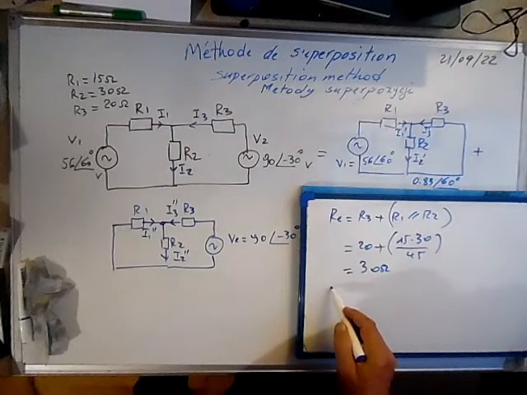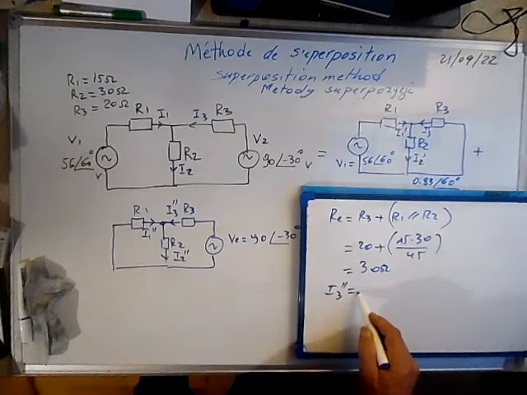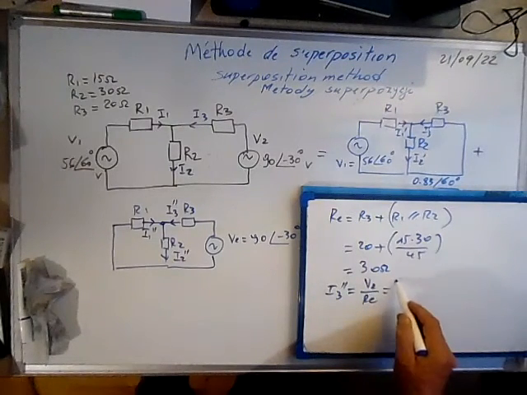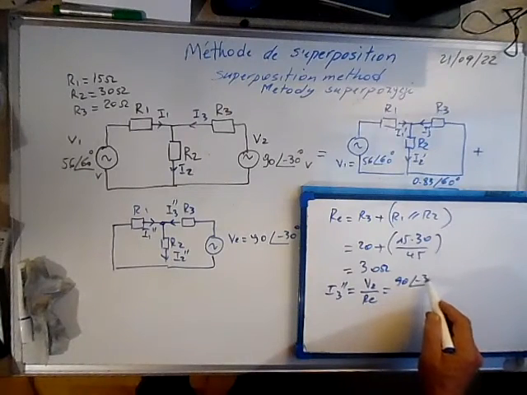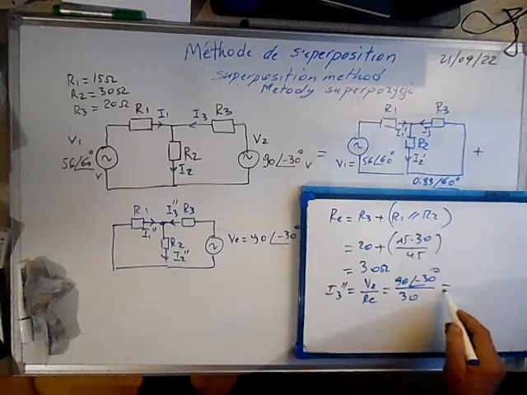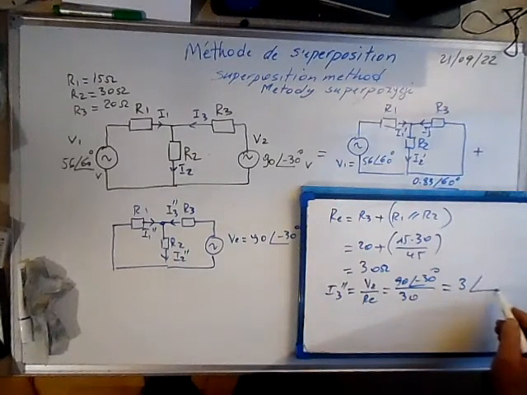From this we can calculate I3 double prime, which is equal to V2 over RE. V2 is 90 at minus 30 degrees over 30, which gives us 3 amps at minus 30 degrees.